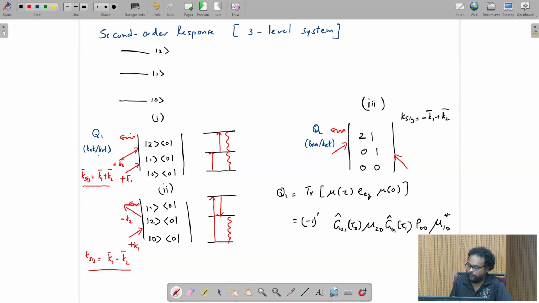And finally, I have to multiply by the dipole moment and take the trace. Okay, that's the expression.